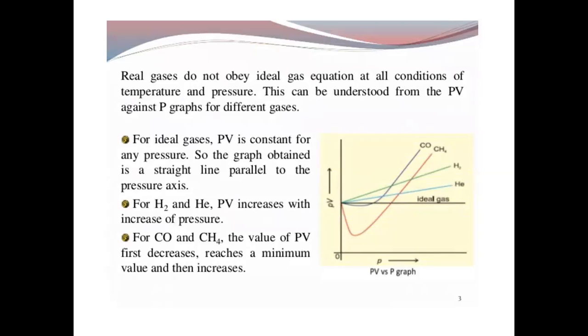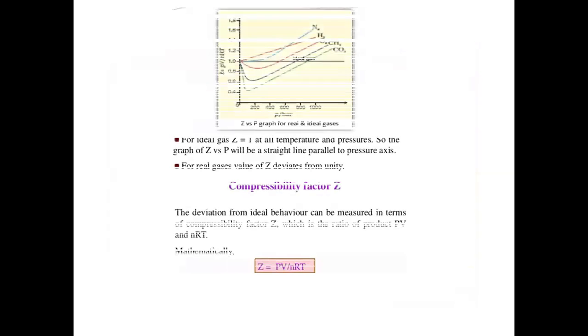Here in this graph, it is being shown that for H2 and helium, PV increases with the increase in pressure. And for CO and for CH4, methane, the value of PV first decreases, reaches a minimum value, and then increases. And this behavior can be demonstrated by one factor known as compressibility factor.